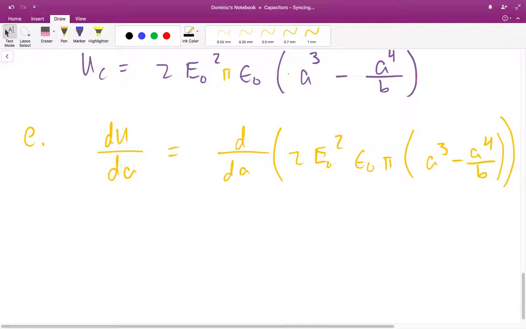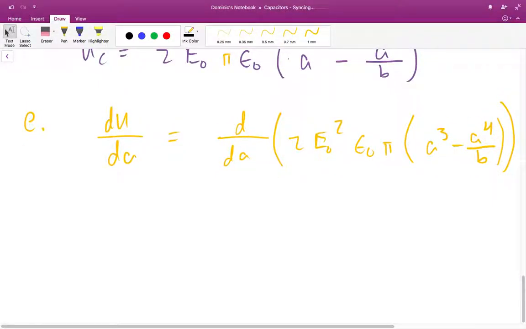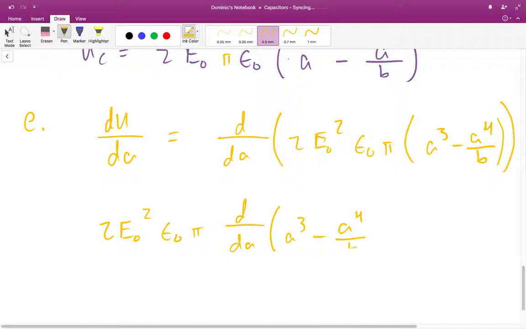I can pull the constants out of this derivative, so I have 2 e naught squared epsilon naught pi, and then the derivative with respect to a of a cubed minus a to the fourth over b.